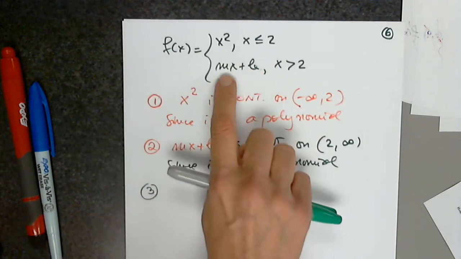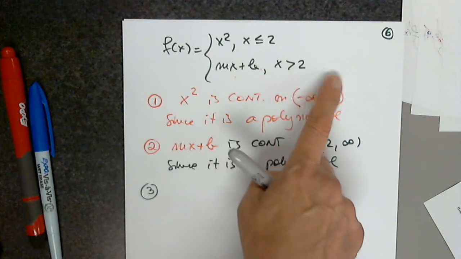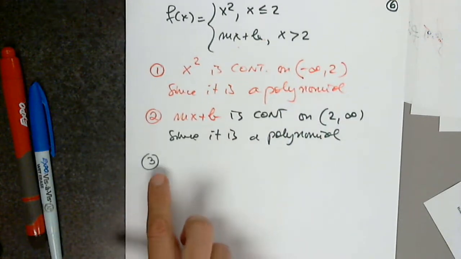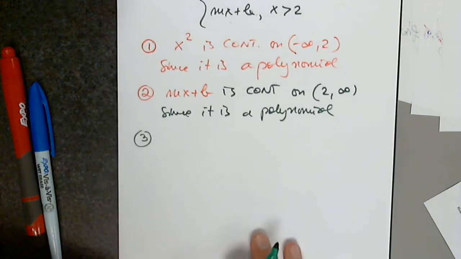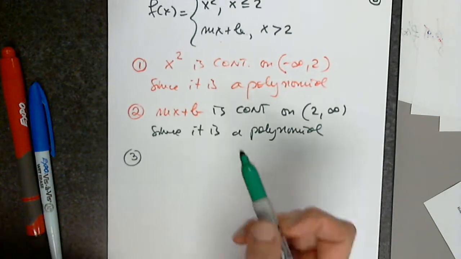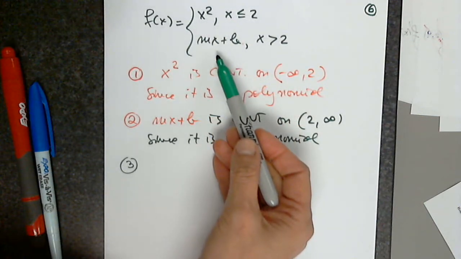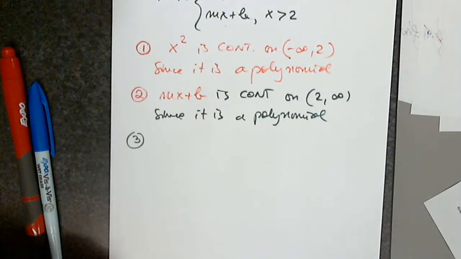Okay. This is definitely a linear function. M and B are numbers, continuous everywhere, and also, of course, from 2 to infinity. Now, my step 3 is what? What am I doing in step 3? So I established that this is continuous and this is continuous, but I didn't establish that this is continuous.